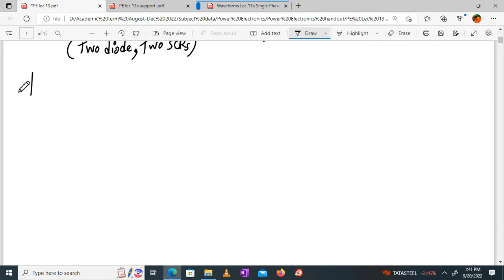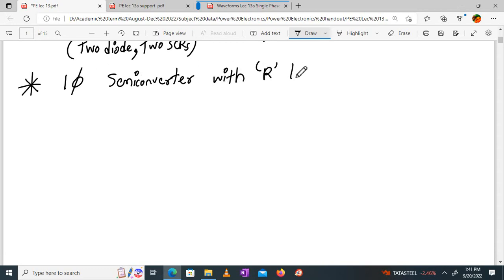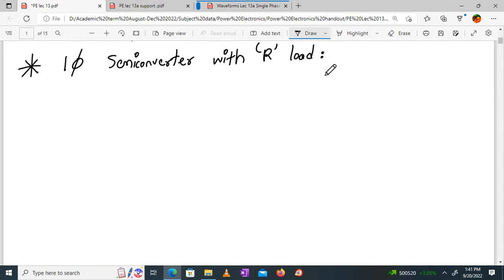I guess I have already written down single phase semi-converter with R load. So even if you missed the full converter with R load, RL load and RLE load in between, no problem. This is a slightly different topic. Pay attention now. I'll go slow with the first one. Here also there are two configurations.